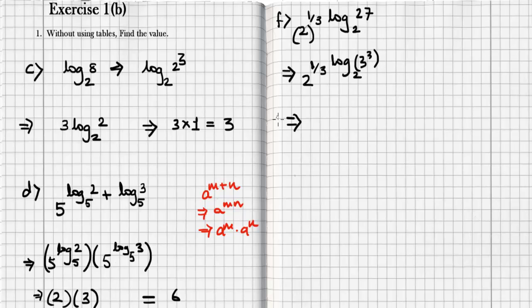Now this can be written as 2 to the power log of 3 cube to the base 2 to the power 1 upon 3. Now this 3 and this 3 cancel out. So we are remaining with 2 to the power log of 3 to the base 2. Now using theorem 1, we get the answer as 3. Hence 3 is your answer to the question F.